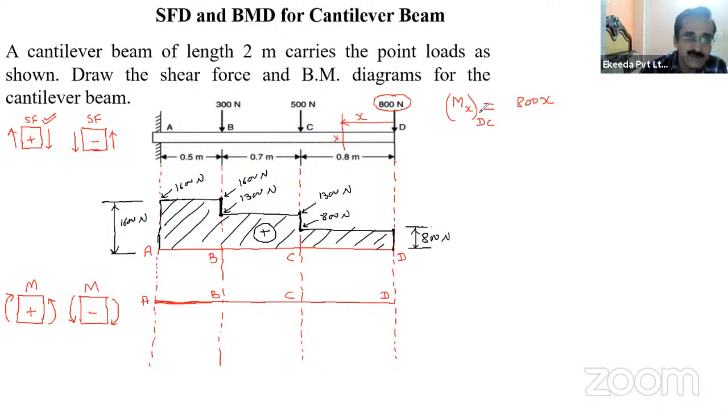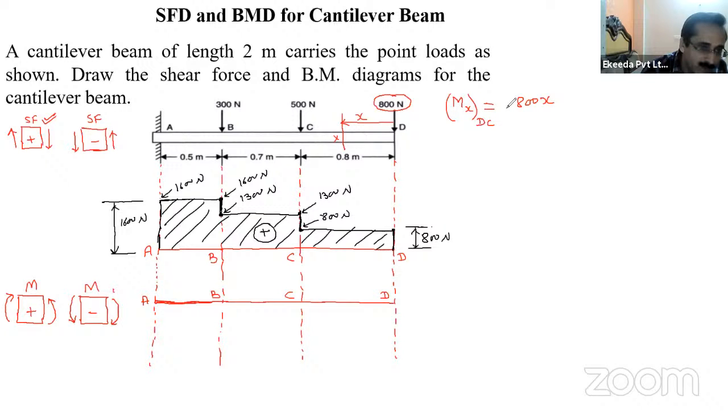But according to the sign convention, this is clockwise to the right of the section, so it is negative.